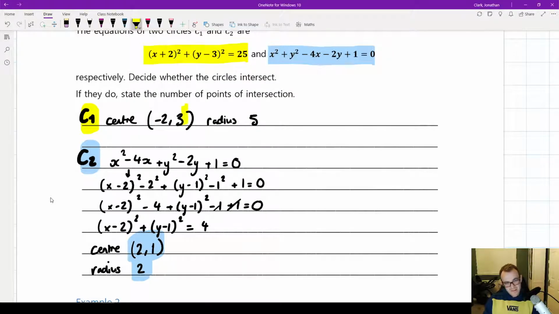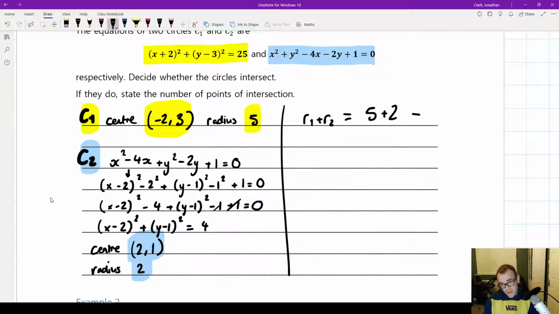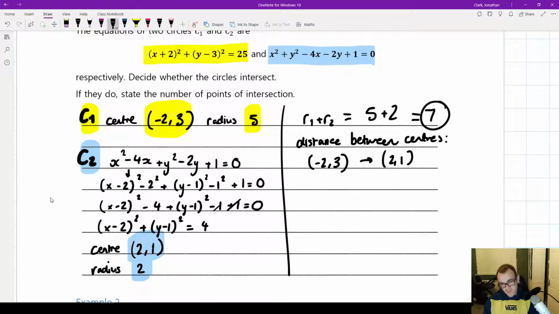Okay, so a little bit of a faff getting there. But now that we have those, we can proceed. I'm going to add the two radiuses together, which is 5 plus 2, which is 7. And now I'm going to calculate the distance between the centers. So it's -2, 3 to 2, 1.